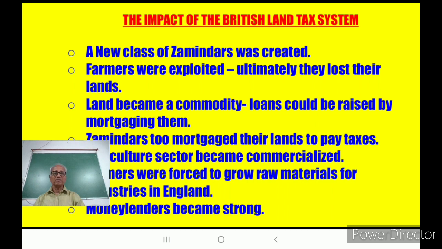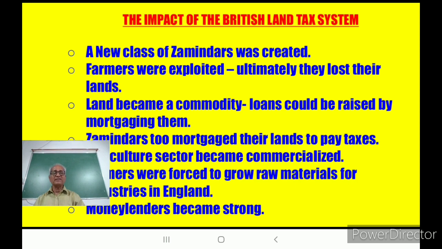Ultimately, the farmers had to lose their land because the zamindars never had any interest in the prosperity of the farmers. Whatever be the situation that the farmers were facing, the zamindars were interested in collecting heavy taxes, passing on a part of it to the British and keeping the rest for themselves.